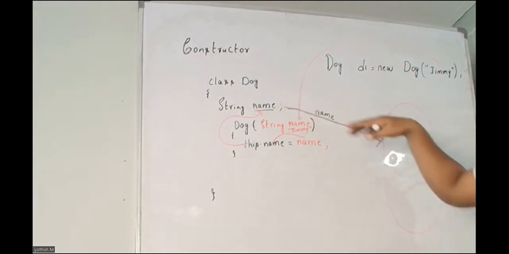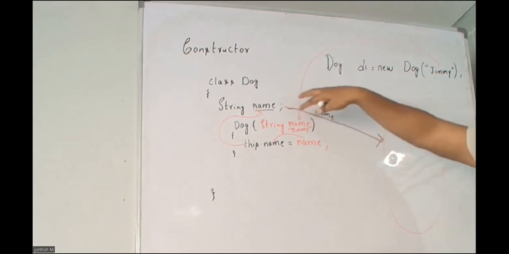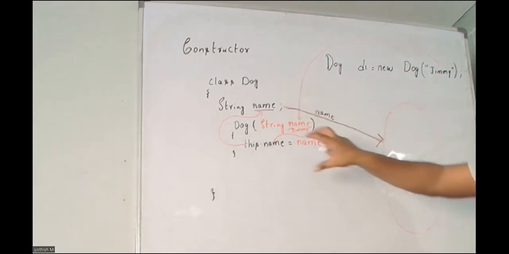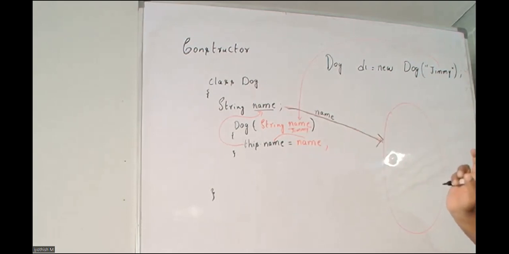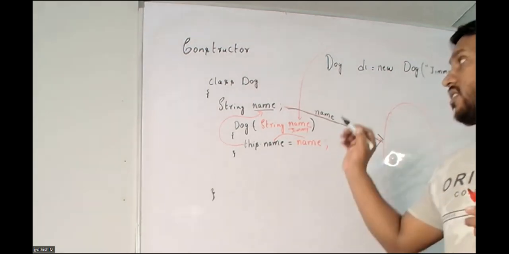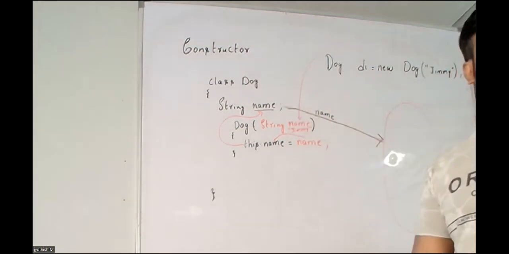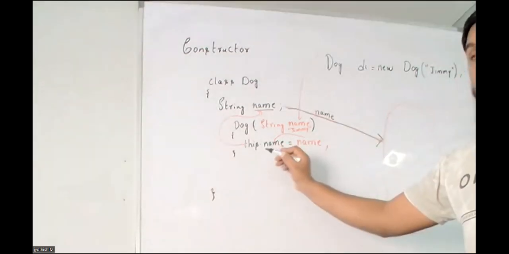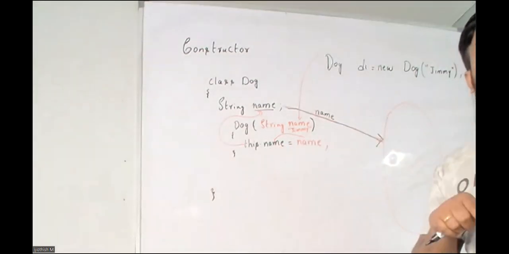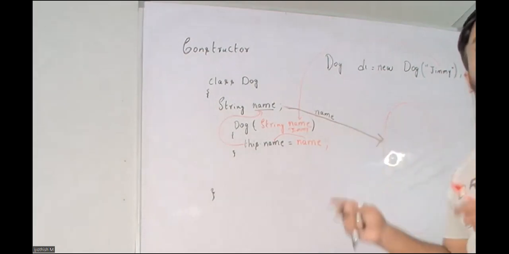Currently active variables, they want to travel to the object. The constructor will push it. So now these are called current non-static variables. So the this keyword is used to access the current non-static variable.